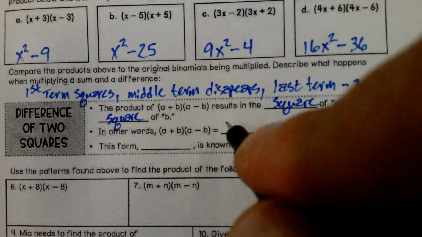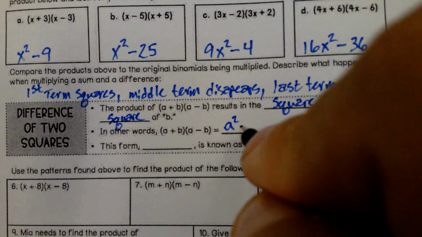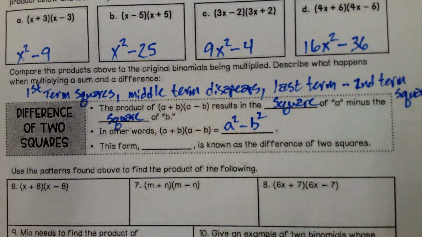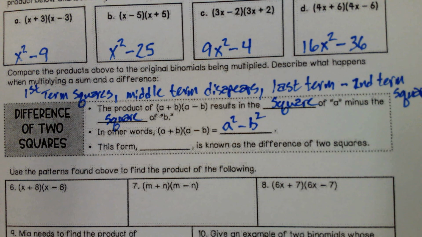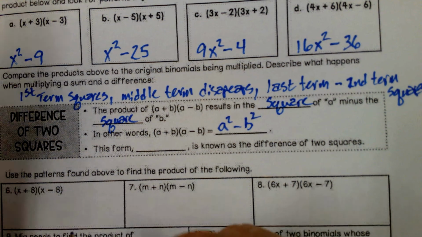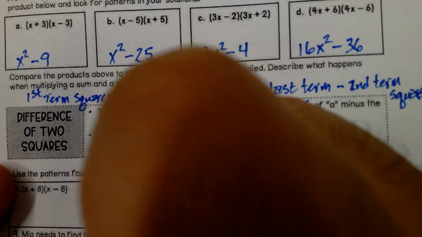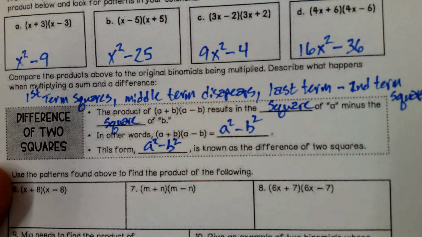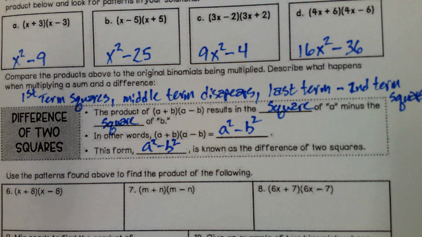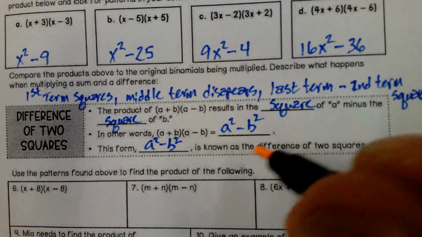In other words, it equals a squared minus b squared. So this form, a squared minus b squared, is known as the difference of two squares.